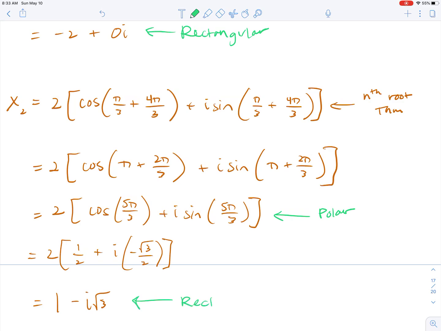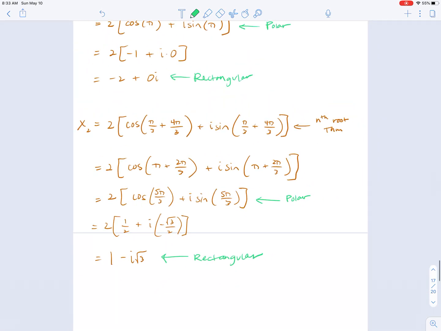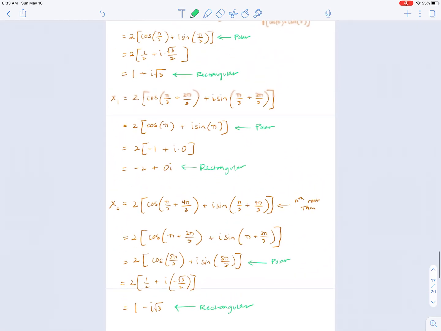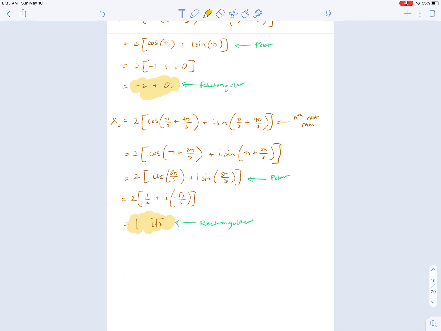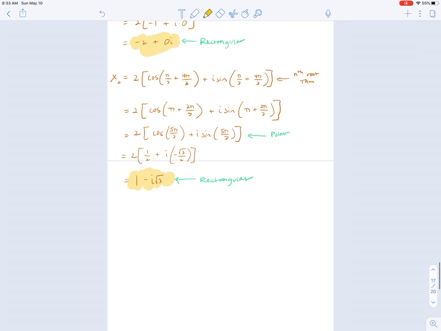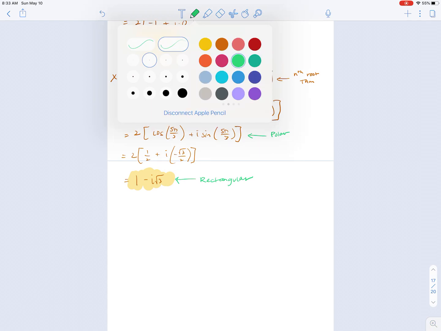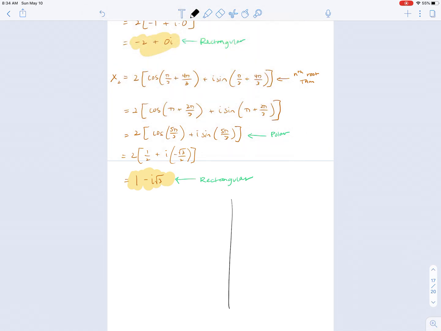So 1 minus i root 3 would be the third solution in rectangular form. And if we were to plot these three solutions in the complex plane, they would have an angle of 2 pi over 3 between them.